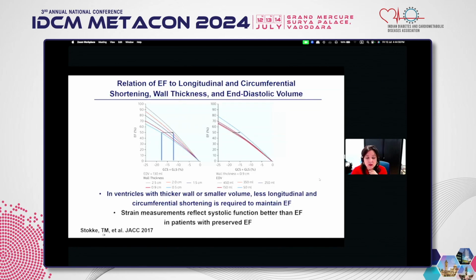And why is that? There have been some studies showing that in a ventricle with a thicker wall and smaller volume, the longitudinal and circumferential shortening are the ones required to maintain the ejection fraction. So they are working to give the ejection fraction, but actually the systolic function is already reduced.